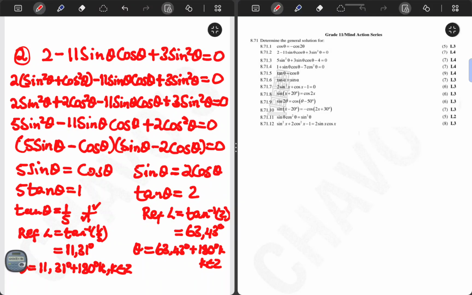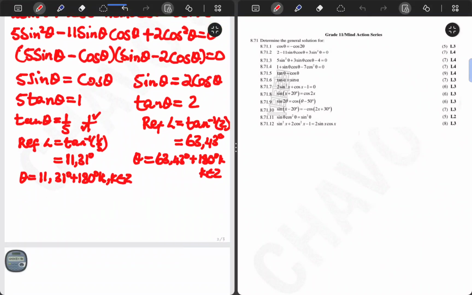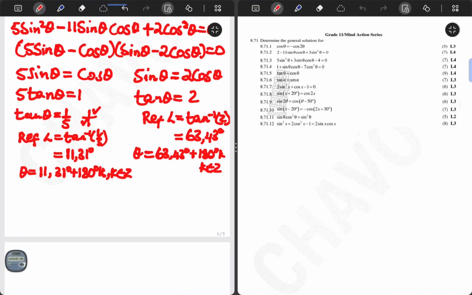Let's go and look at the last two now. Let's go and check this one of 9 marks, which is, let's see, is it this one? 9 marks will be number 5.